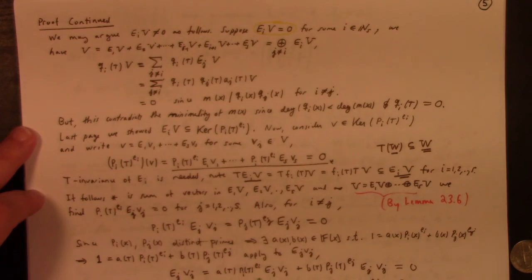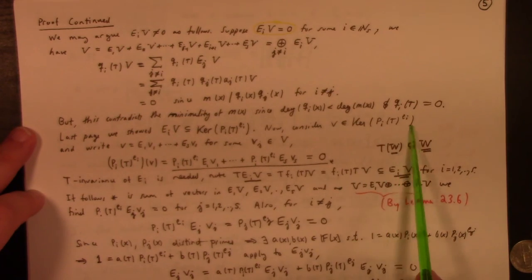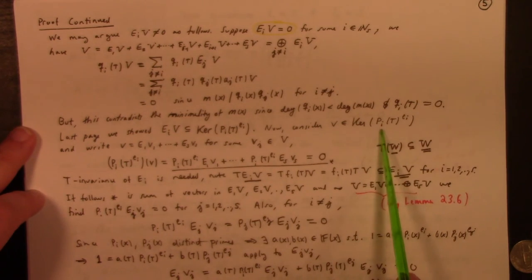So this is 0, and this is 0 because of the star calculation again. And thus, that's 0. So what good does that do me? Well, that tells me that v is equal to E_1 v_1 plus through E_s v_s, which is equal to E_i v_i. But remember, up here v was an element of the kernel of this guy.